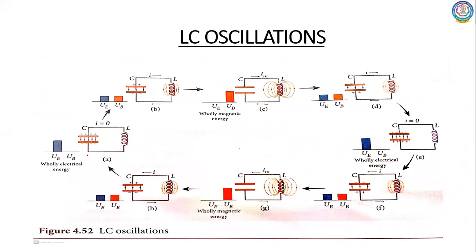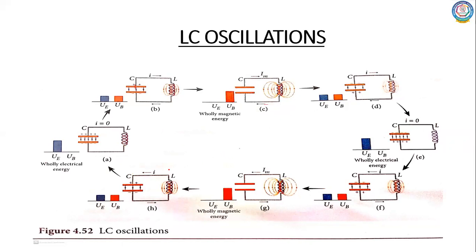So what is happening here is the process is repeated, and you have electrical oscillations set up because one energy is getting converted to another. Energy is transferred between the electric field and the magnetic field, which produces electrical oscillations of well-defined frequency.